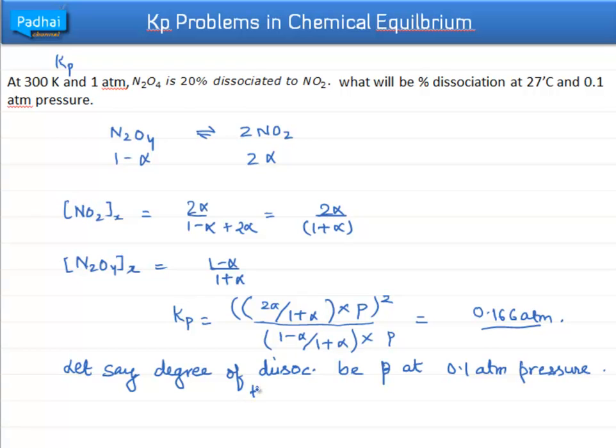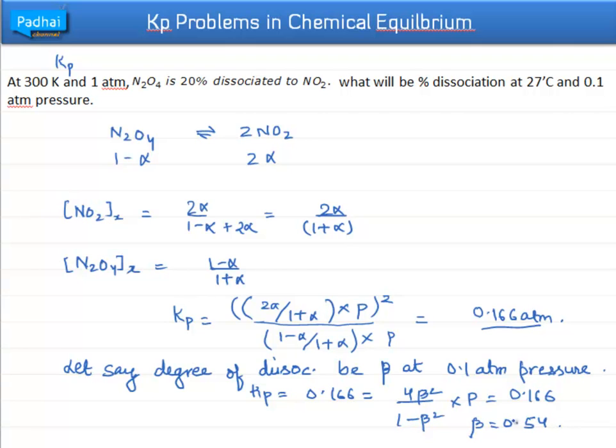Kp will be the constant and it will not change. Kp would be 0.166 equals 4 times beta square by 1 minus beta square, multiplied by P. P here is 0.1 atm, and we equate this to 0.166, and beta from here comes out to be 0.54.